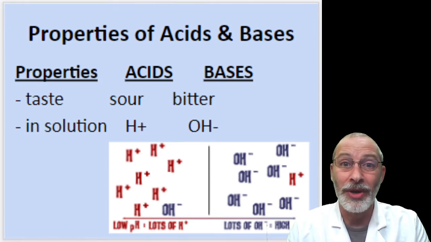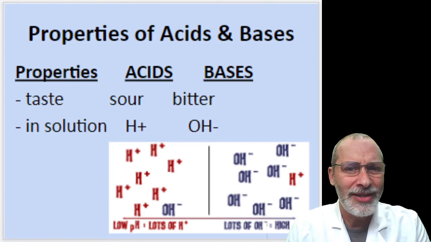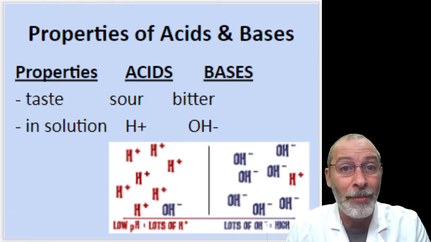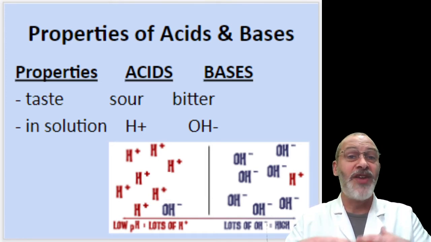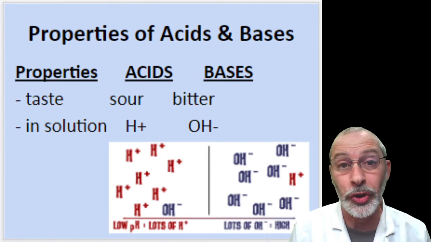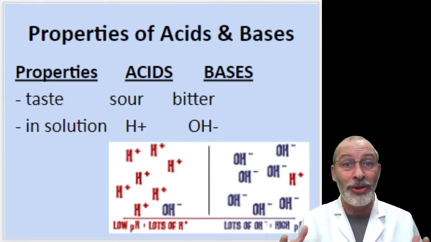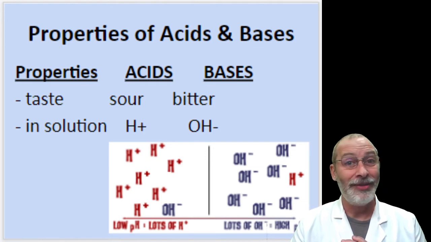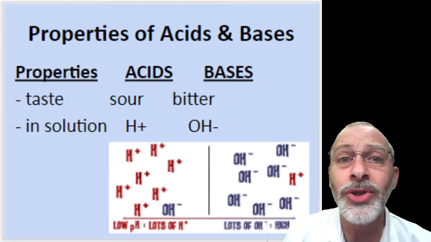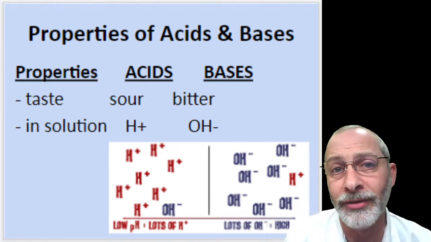They attract one another. Now check this out. H is positive, OH is negative. They're opposite charges. What do you think might happen if they find one another in a solution? They're going to be attracted to one another. Again, the chemistry of love.